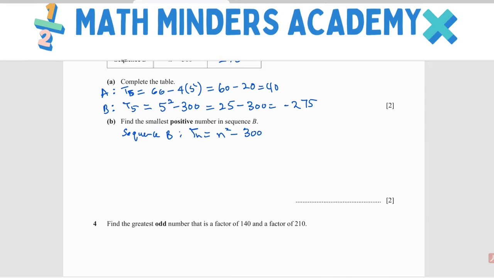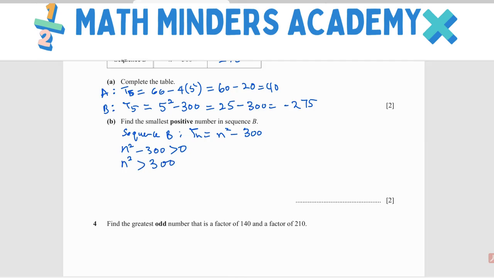The smallest will be greater than 0. First we need to find the value of n, that is which term of this sequence produces the smallest number. So this happens when n squared minus 300 will be greater than 0, right? Okay, so n squared will be greater than 300.